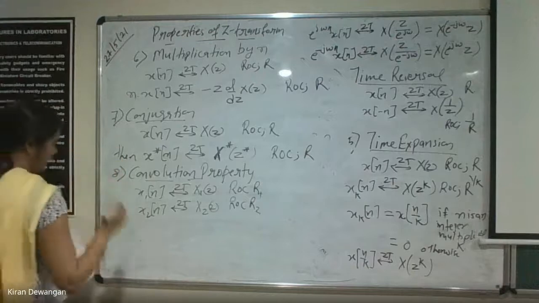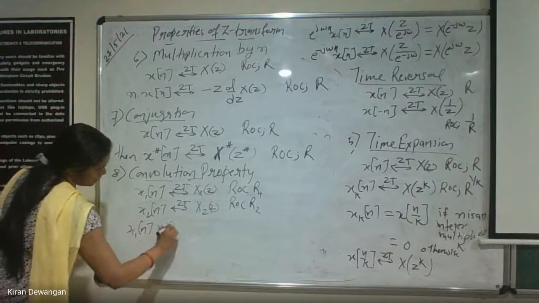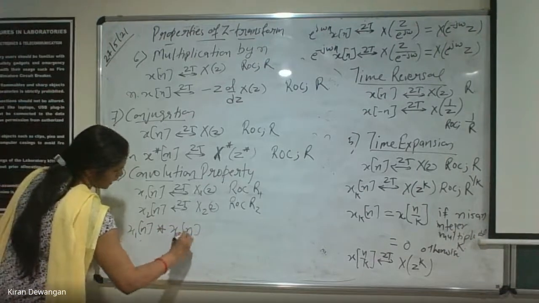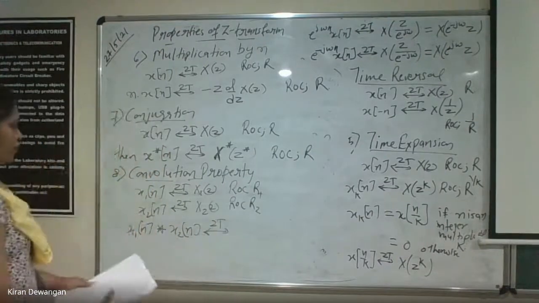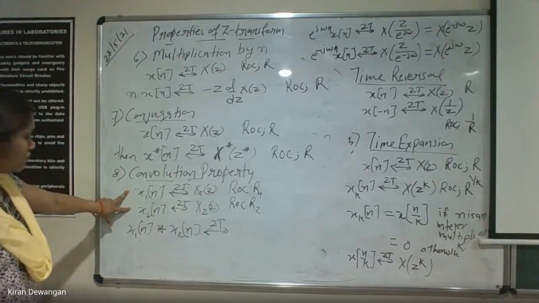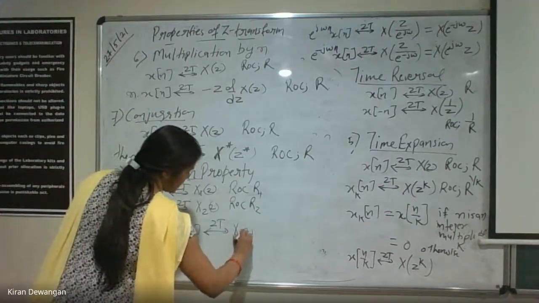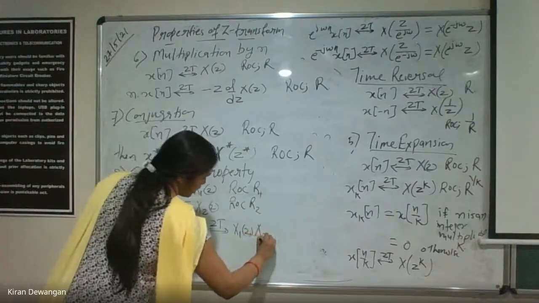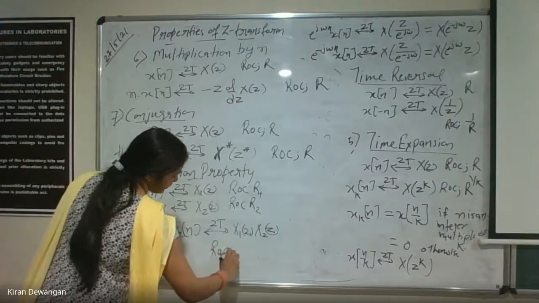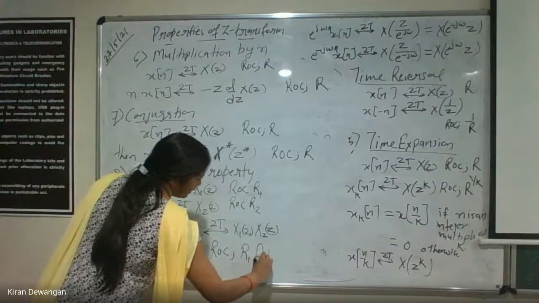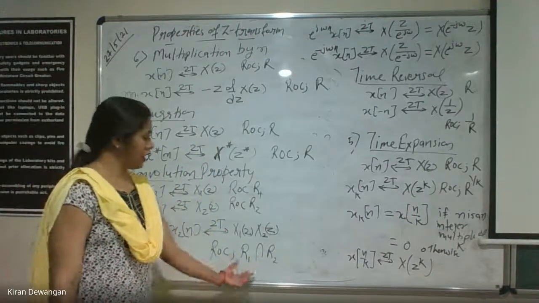Then if I am taking the convolution of x1 of n and x2 of n, I will have the z transform x1 of z into x2 of z, and the ROC is R1 intersection R2.